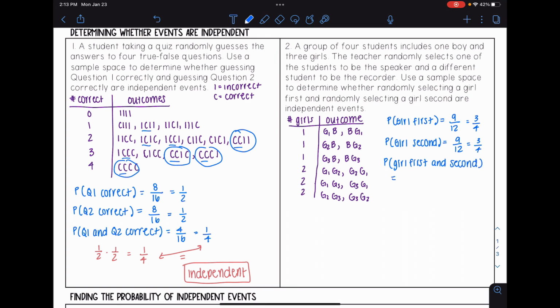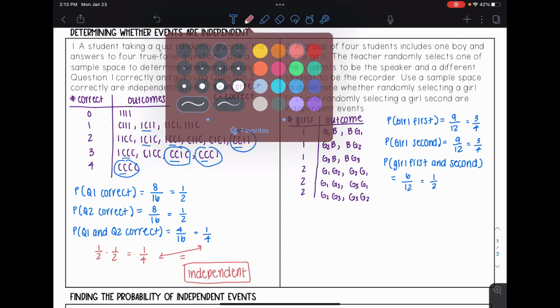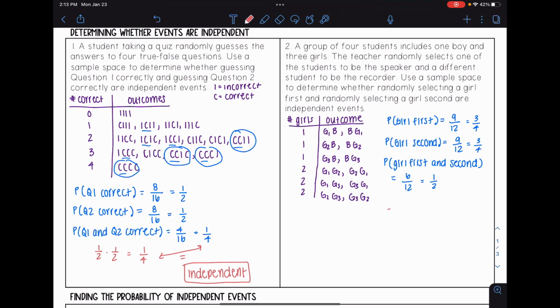And I see it's going to be all of these 2 girl rows here, and that is in total 6, which is 1/2. So now I want to see if the first 2 probabilities, if I multiply them, I get the third one. So when I do 3/4 times 3/4, I get 9/16, which is not equal to 1/2. So that means that this is not independent.